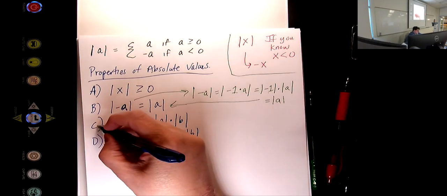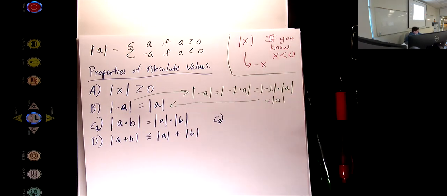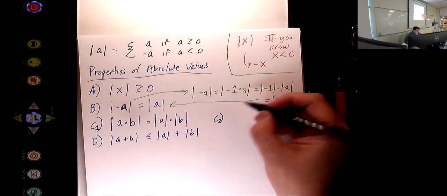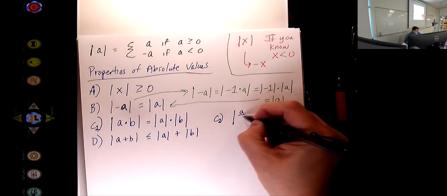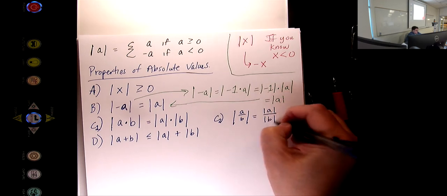So I'm going to call this C1, and I'm going to make a C2 over here. We did multiplication, let's do division. The absolute value of A over B is the same thing as the absolute value of A over the absolute value of B.